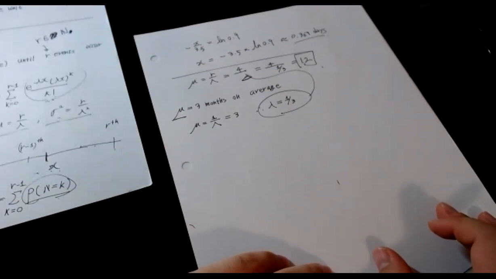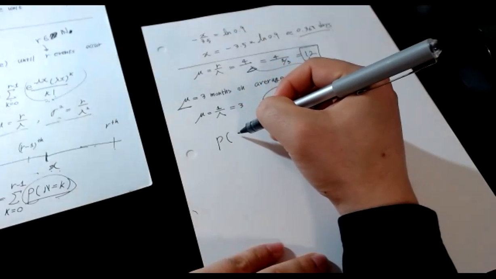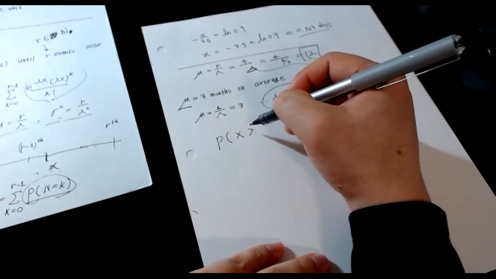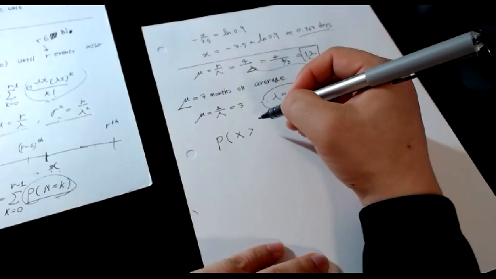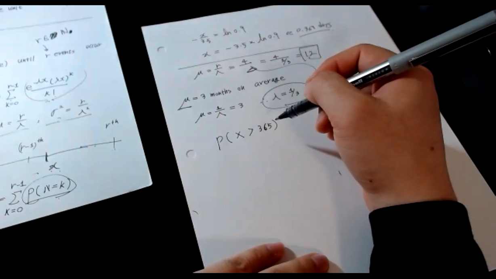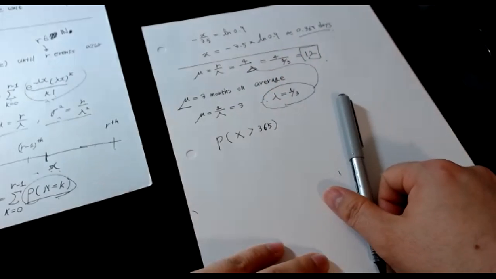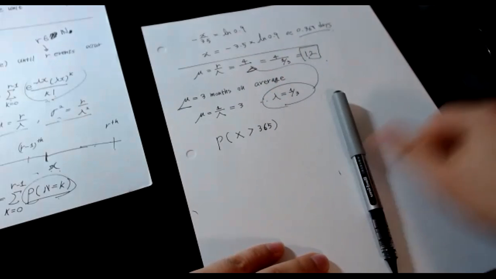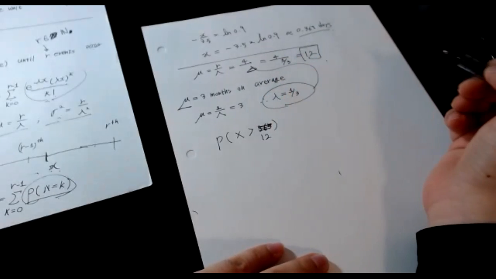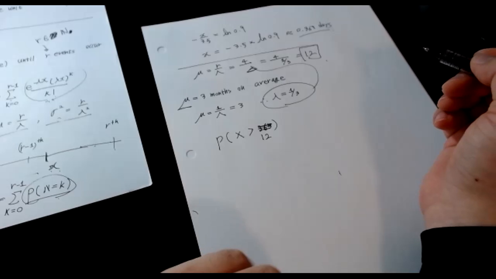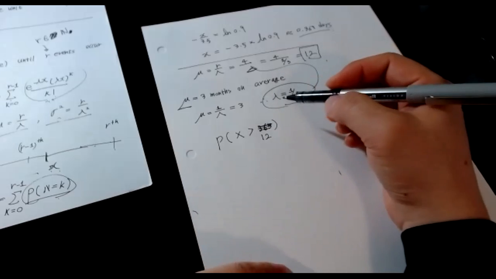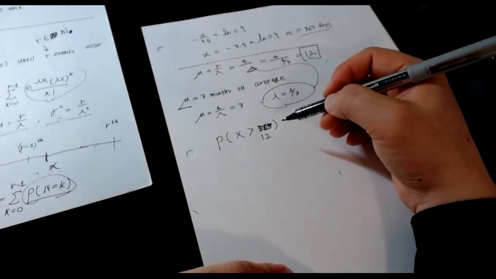We find the probability that x is greater than a year. A year is 365 days. Why did I convert the unit? Because the problem says the time unit in lambda is, let me see the problem, month, right? I'm sorry, I confused it with another problem. 12, right? Because a year means 12 months. Since the unit of lambda is a month, I had to convert the year to months, which is 12. So we see what is the probability that more than 5 occur.